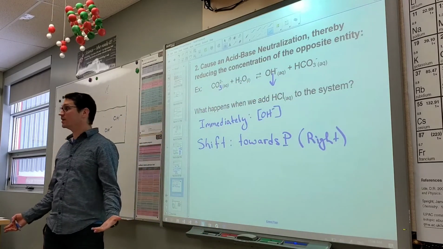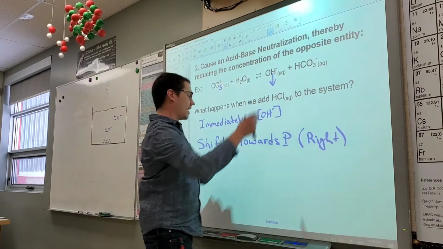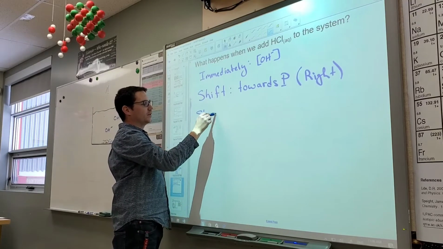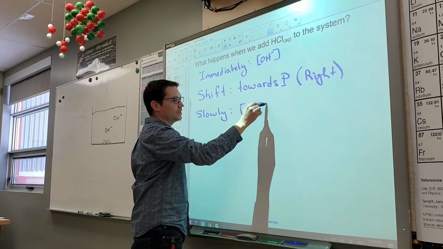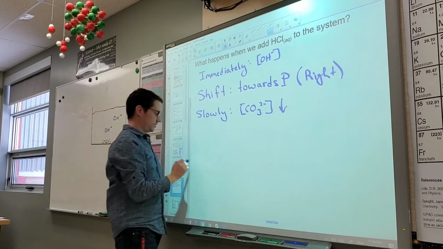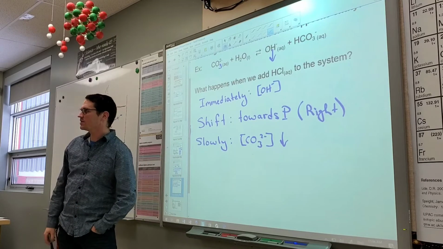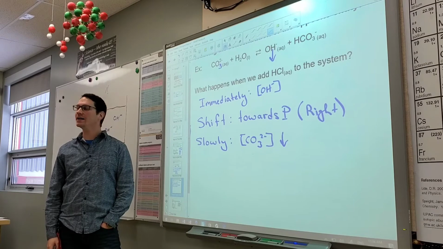Slowly going to decrease. Does that make sense? This stuff is turning into that stuff. So slowly, the concentration of carbonate decreases. Well, what else is going to decrease? Water. But what?